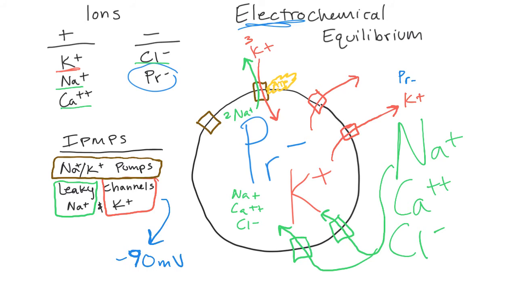So with the sodium-potassium pumps, you then settle on a negative 70 millivolts for your overall net charge at rest. Does that make more sense? So the leaky channels give negative 90 millivolts, and the negative 70 comes from the pumps.